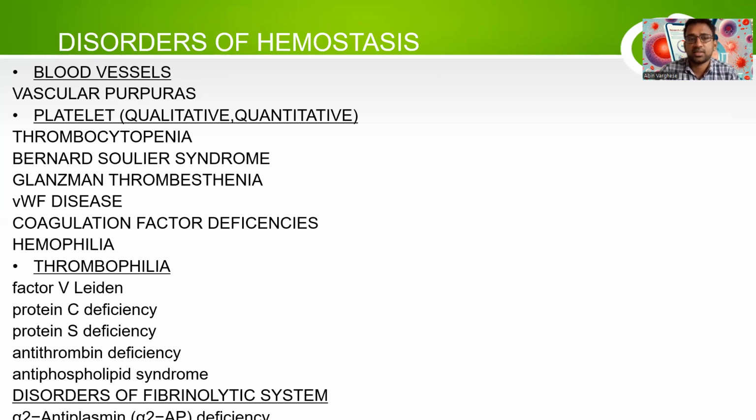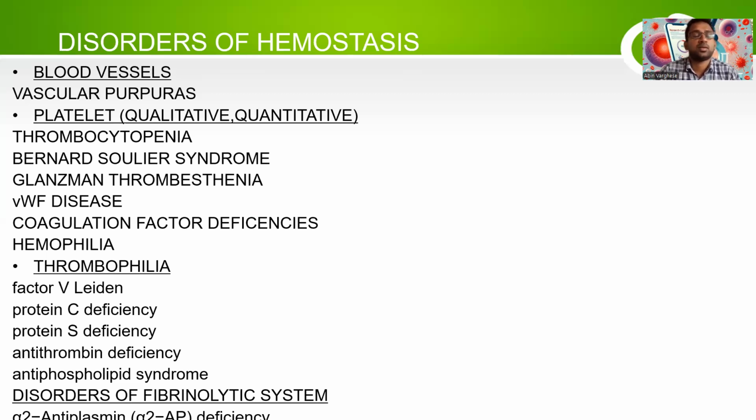Then the platelets, which include quantitative and qualitative disorders. Quantitative is thrombocytopenia, and qualitative includes receptor disorders like Bernard-Soulier syndrome, Glanzmann thrombasthenia, and von Willebrand disease. When you have von Willebrand disease, it can cause a reduction of factor 8 also, because von Willebrand factor carries factor 8 in the circulation.